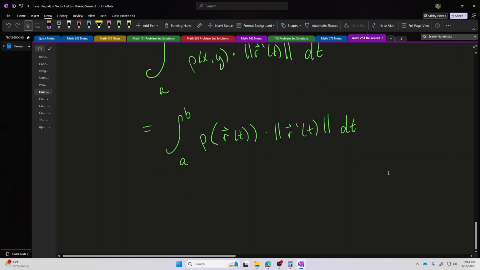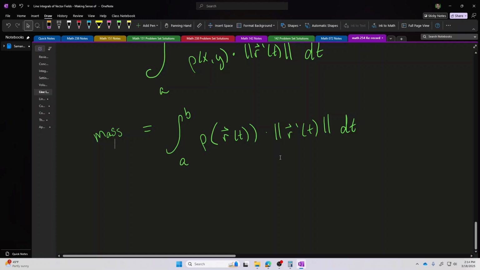And this integral would allow us to calculate the mass of a bent one-dimensional object, such as a bent wire or a curved rope. And we can see that what we have obtained here by studying this physical example is an exact match to the formula that we use to calculate line integrals of scalar fields.